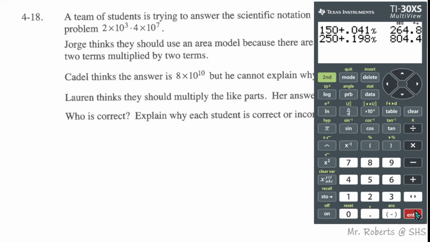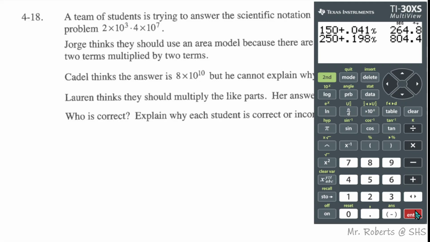Cadell thinks the answer is 8 times 10 to the 10th, but cannot explain why. Lawrence thinks they should multiply the like parts. Her answer is 8 times 10 to the 21st. Who is correct? Explain why each student is correct or incorrect.